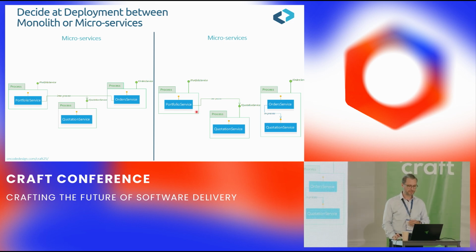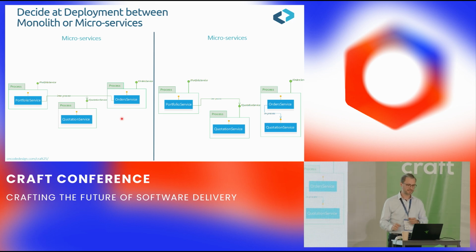And then we are going to assume that there is a very intense communication between the orders service and the quotation service. In a real project, we would basically look through some metrics from production and see, okay, these 2 services are very chatty, and we have performance problems because of that.